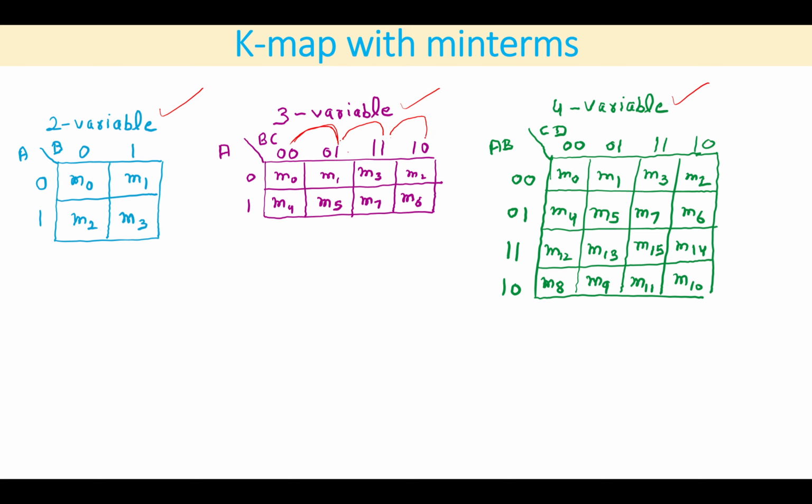If you go from here to here, only one bit changes. We observe the same thing in the four variable K-map; in this column, only one bit changes. So the conclusion is that if we move from one cell to the next along any row or column, one and only one variable in the minterm changes. That is the main feature of the K-map.